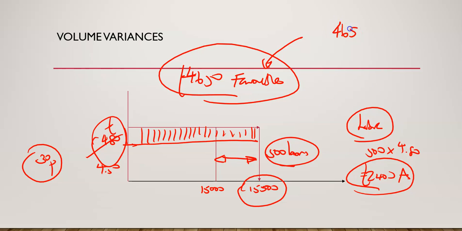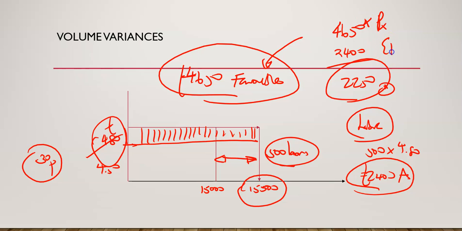So you have 4,650 minus 2,400. So the net variance is 2,250. This is what the results were overall, but we've broken that down into a price variance of this and an efficiency variance of 2,400. And that's your labor variance.